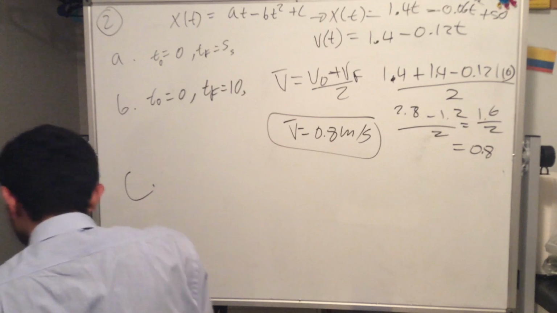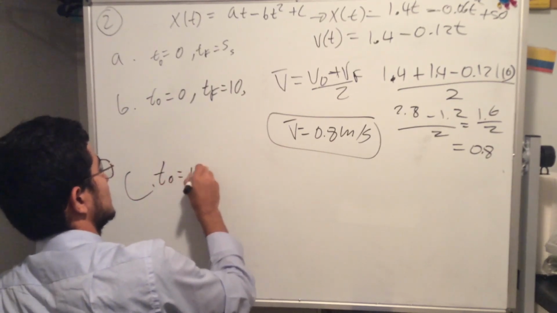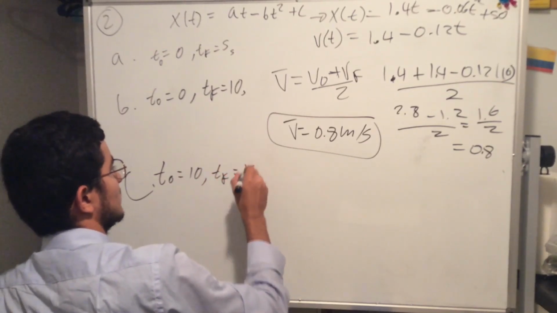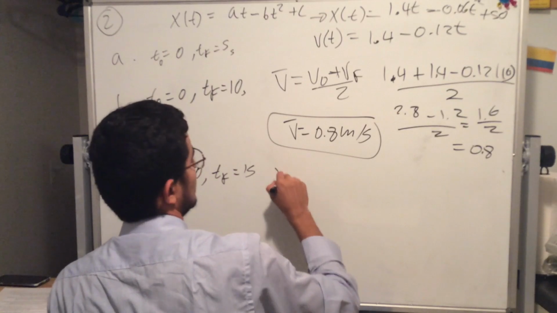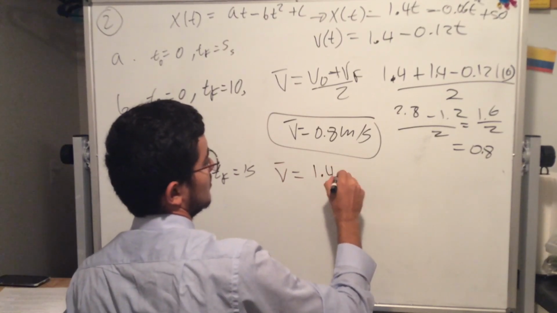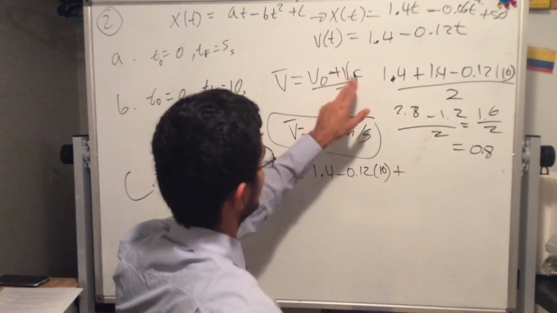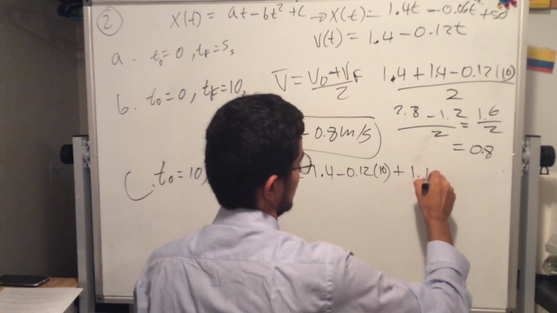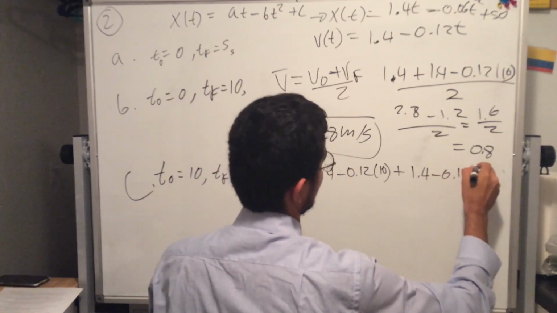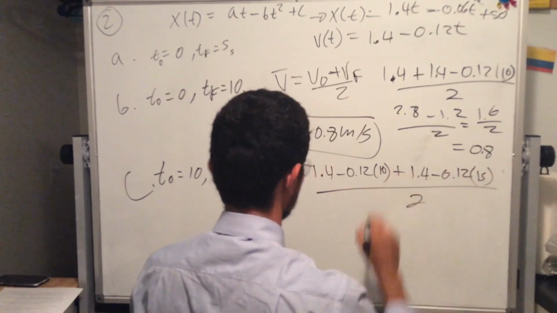Now let's do part C. Part C has a time interval from 10 to 15 seconds, so t0 is 10 and t final is 15. We do the same thing. That's 1.4 minus 0.12 times 10, and we add v final, which is 1.4 minus 0.12 times 15, all of that divided by 2.